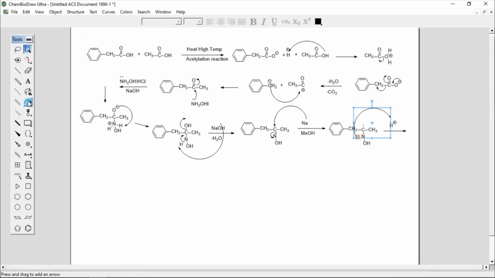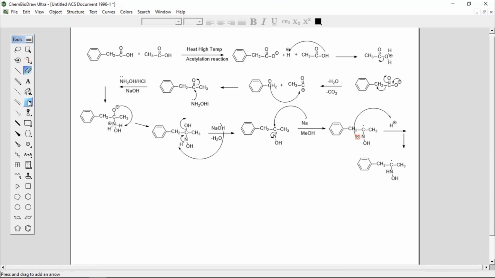So now the next step. I will show you how it converts to NH. Now this N converts to NH.